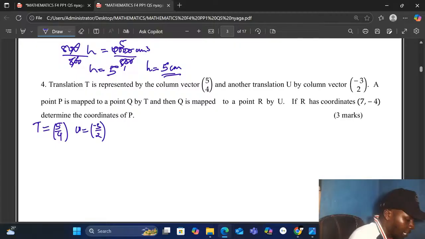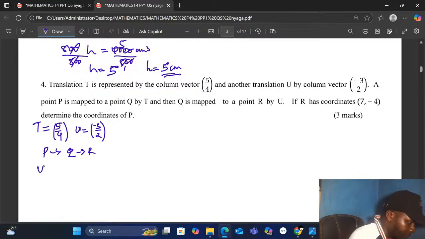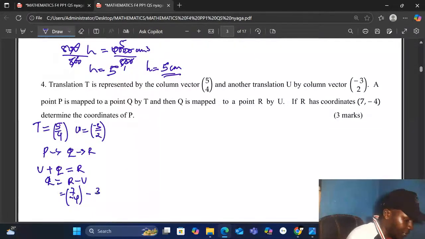Now, P is mapped to Q, then Q to R, which gives us R. Therefore, for Q we simply take R minus U, that is 7, -4 minus -3, 2, and that gives us 10, -6.